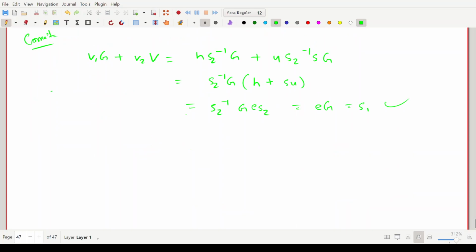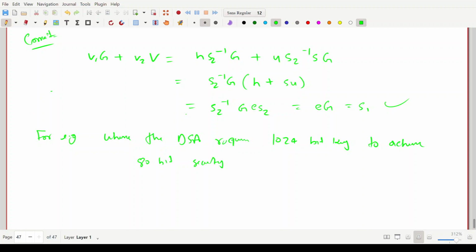Let me just write this. For example, where the DSA requires a 1024 bit key to achieve 80 bit security, the ECDSA requires only a 160 bit key with the same security level.